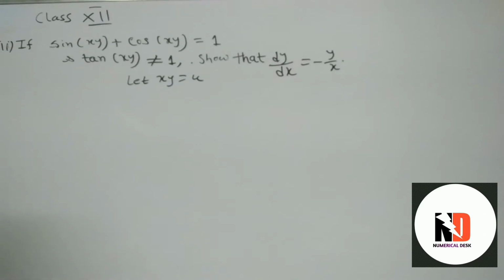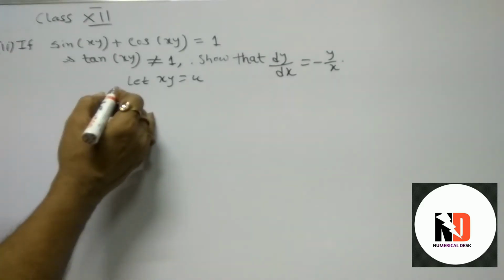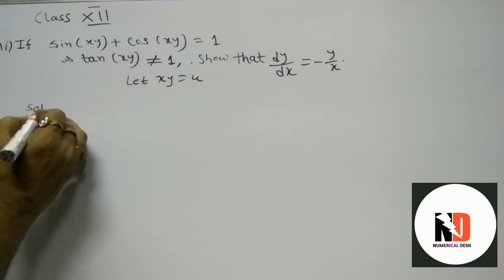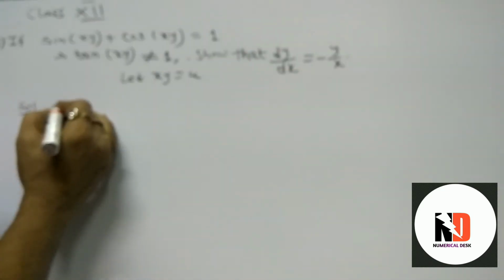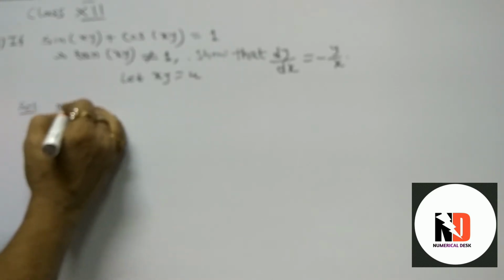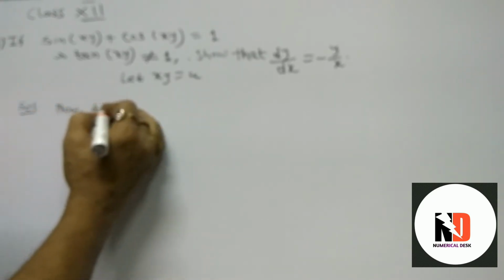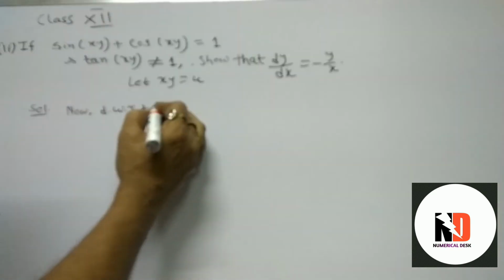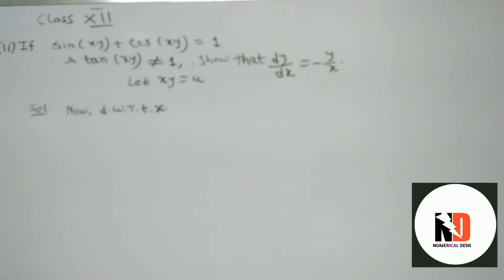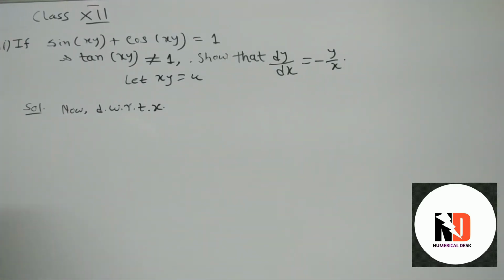So here also let us assume xy equals u, so it becomes a standard form. And now let us differentiate both sides because it is implicit form, not explicit. Implicit means on both sides, x and y are not given in separation. So let's start the sum. Look very carefully: differentiating with respect to x, both sides of course.